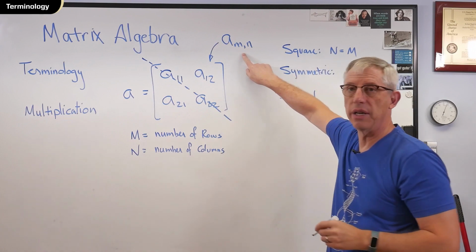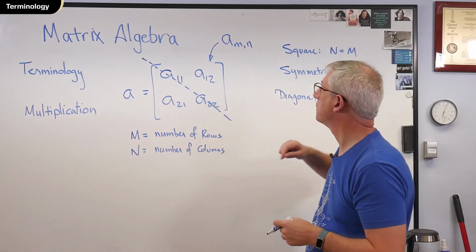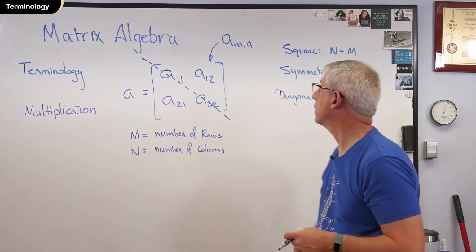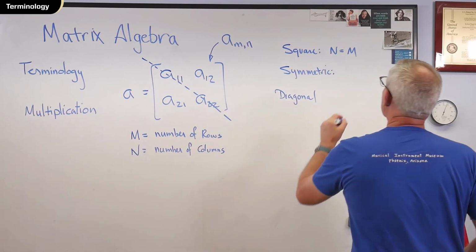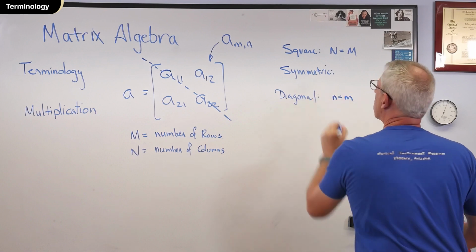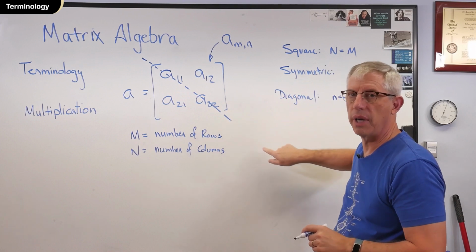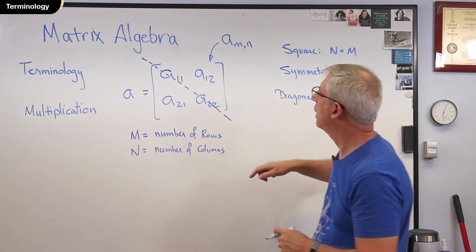Those are indices that will change. Big M, big N are the total number of rows and columns. So on the diagonal, little n equals little m. So A11, A22, A33, A44, on down.